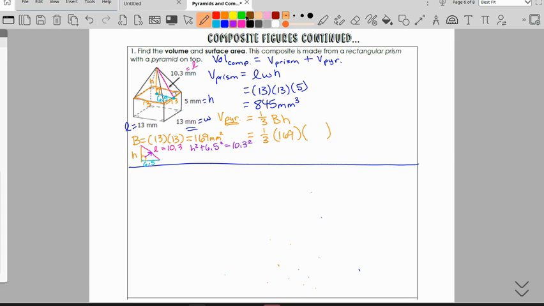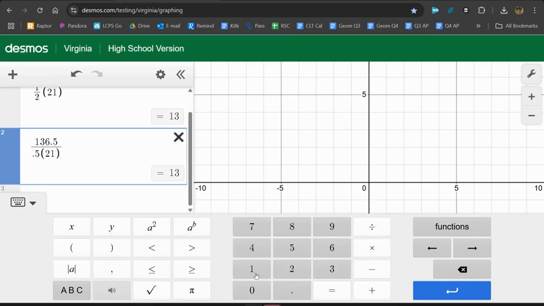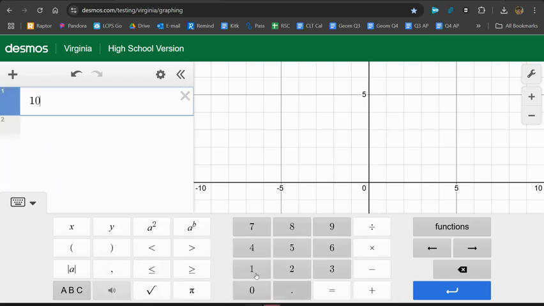Now we're going to use our algebra skills to solve that. I want to get the h by itself, so I'm going to subtract 6.5 squared from both sides. On my calculator, 10.3 squared minus 6.5 squared is going to give me 63.84.